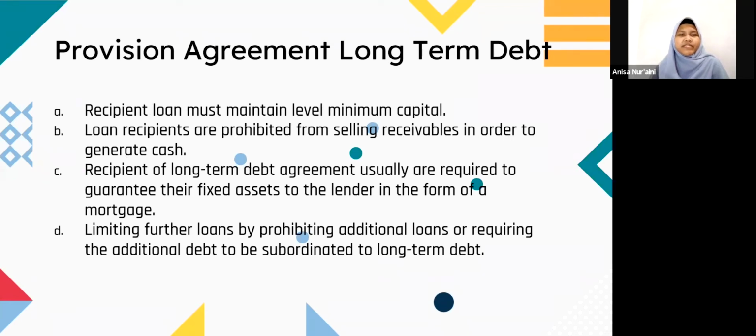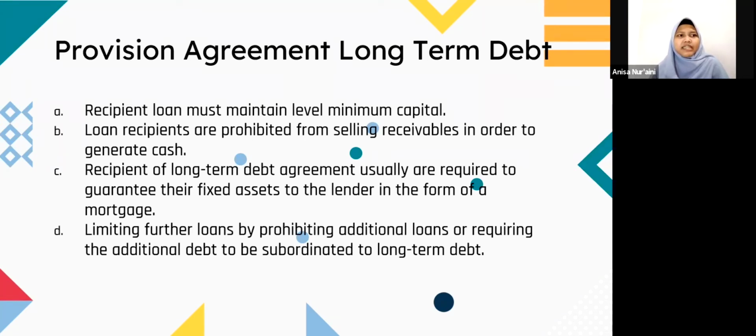The provisions of a long-term debt agreement are, first, the loan recipient must maintain a minimum level of capital. Second, loan recipients are prohibited from selling receivables in order to generate cash.